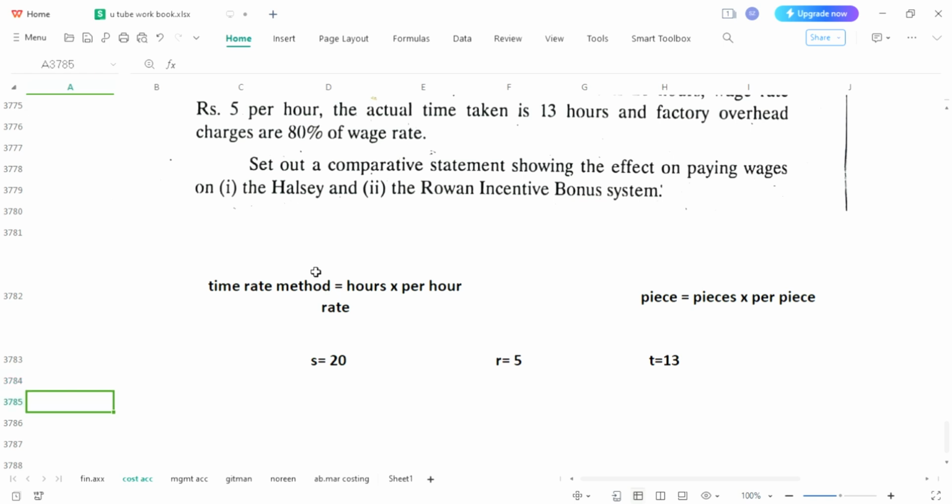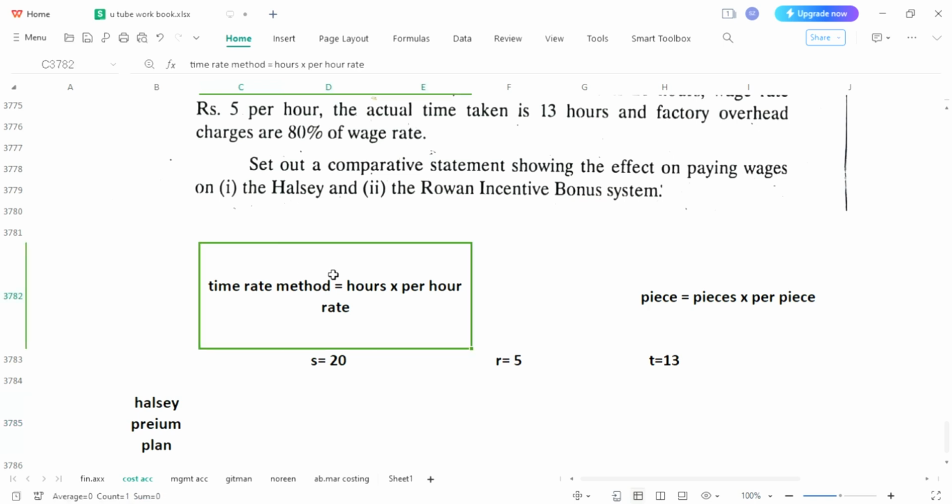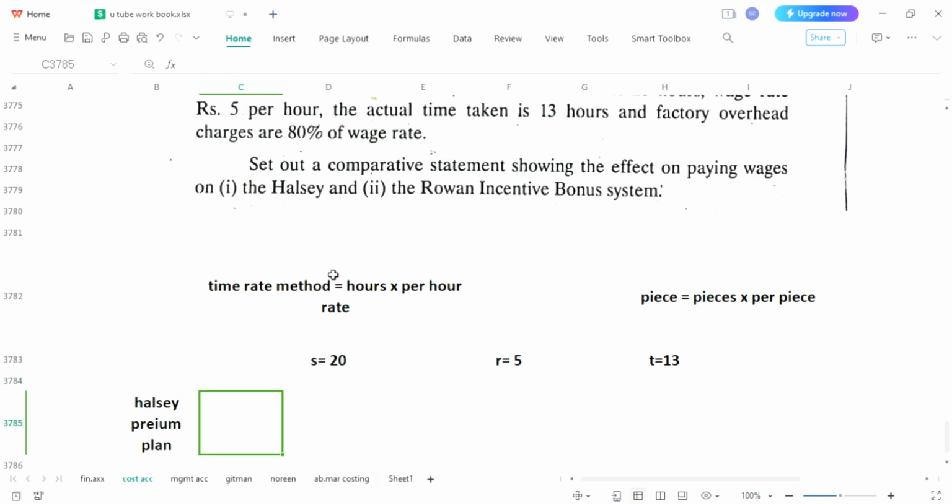Now here what I can do is solve this question according to Halsey. First, the Halsey premium plan, and then I will be calculating wages.